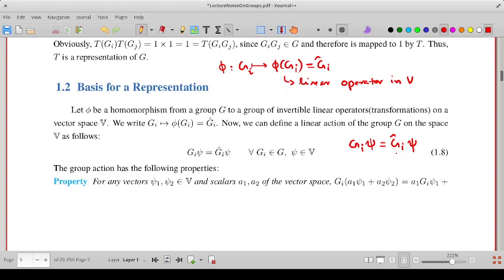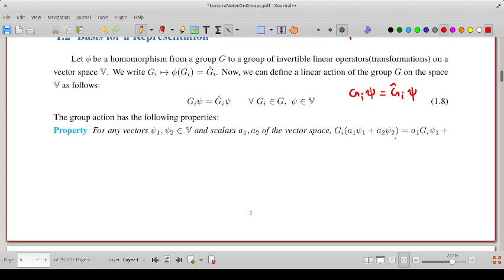So this is now well defined, and this action is called the linear action of the group G on the vector space V. Now this linear action has two properties.